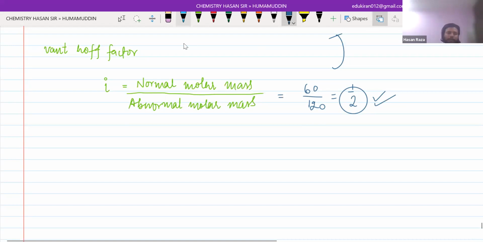Okay. Now we are going to define this i in a different form, in terms of association and dissociation. So the Van 't Hoff factor can be defined like this as well. Just write it with me.